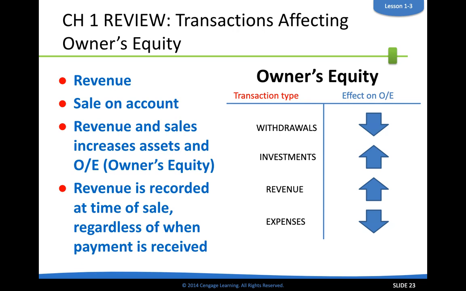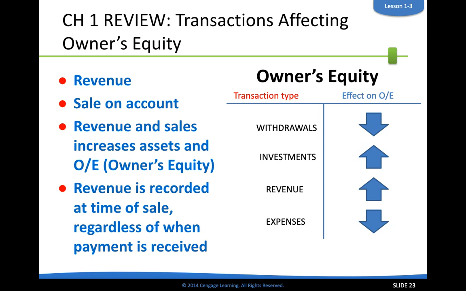Investments, like capital investments from Michael Delgado, the person, into Delgado Web Services, would be a capital investment that would increase owner's equity. And withdrawals, if Michael Delgado, the person, withdraws cash from his business, then you count that as a withdrawal, and that would decrease owner's equity.